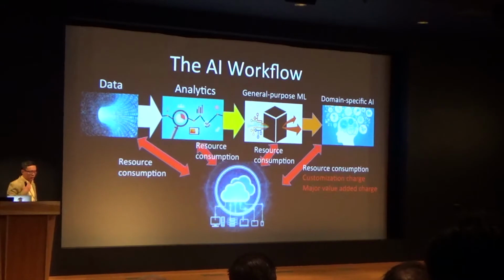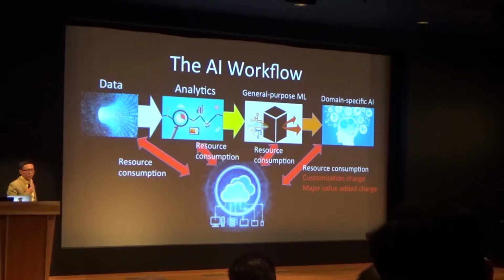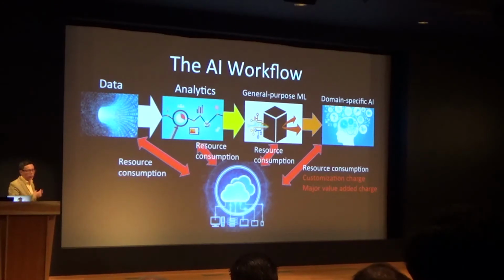But if you look at how the company can make revenue on such a whole process, interestingly, on data, essentially we sell the resource consumption. And on analytics, we also sell the resource consumption, and also the general purpose machine learning, we are doing the same thing.